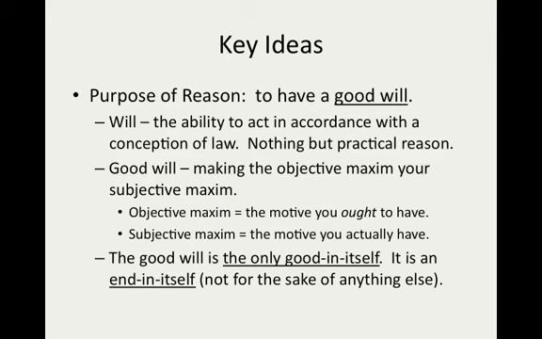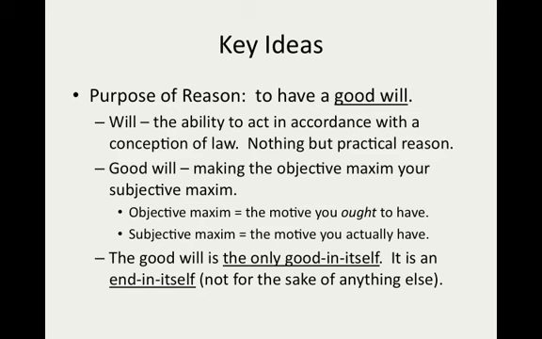Now, I should quickly say that Kant does not think of happiness in the same way as Aristotle does. Aristotle, remember, said happiness is the fulfillment, the completion, the full maturity of what it means to be a human person. It doesn't just mean pleasure. And for Kant, I think he thinks happiness is equivalent to pleasure.